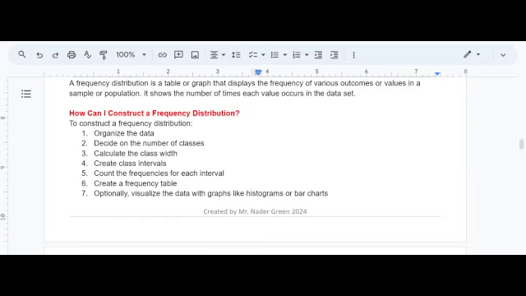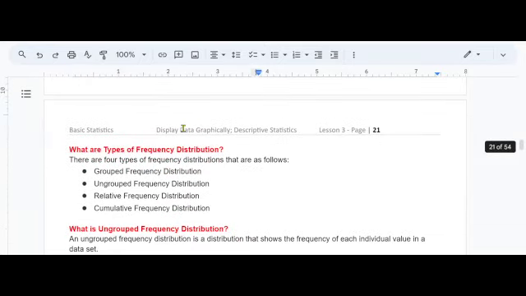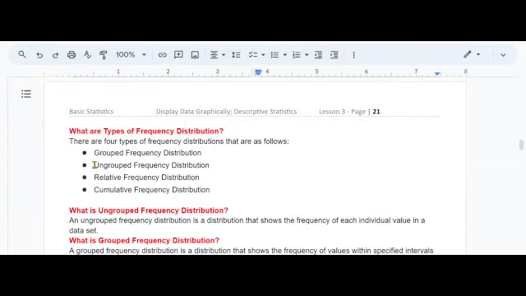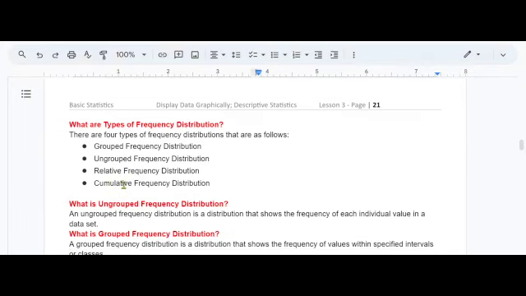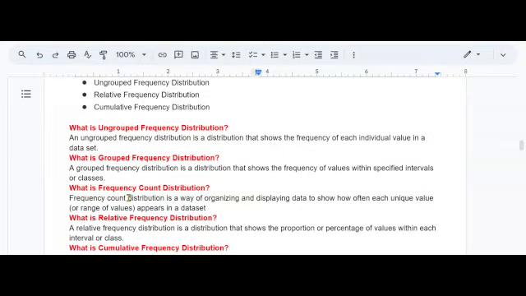Last and optional, visualize the data with a graph like a histogram or bar chart. We have different types of frequency distribution: grouped, ungrouped, relative frequency distribution, and cumulative frequency distribution. Each one of them describes itself, so you need to go through this.